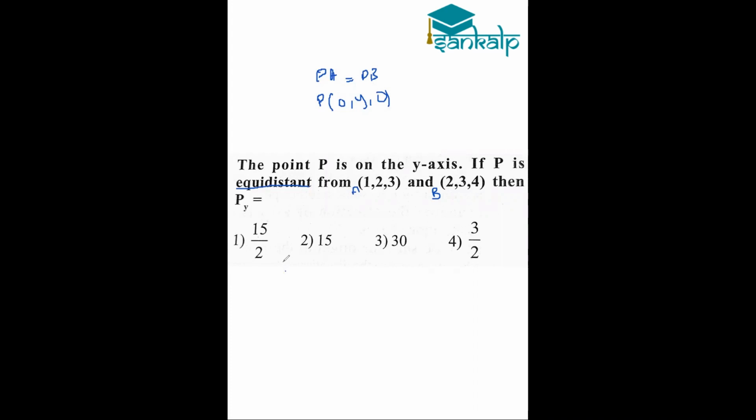First we calculate PA using the distance formula. PA is the square root of (0 - 1) squared, plus (y - 2) whole squared, plus 3 squared, which is 9.